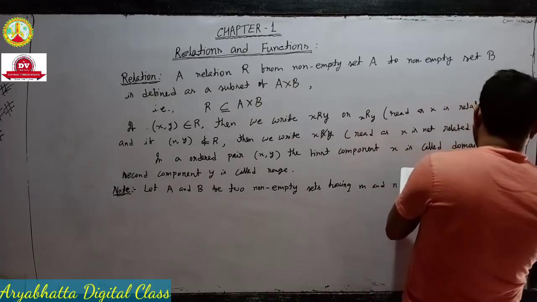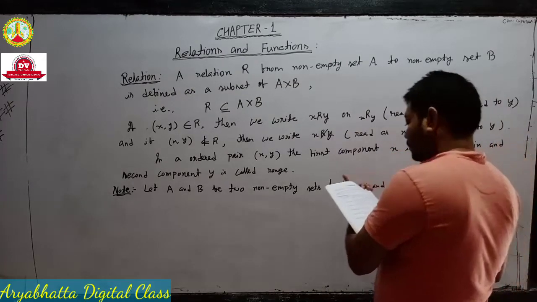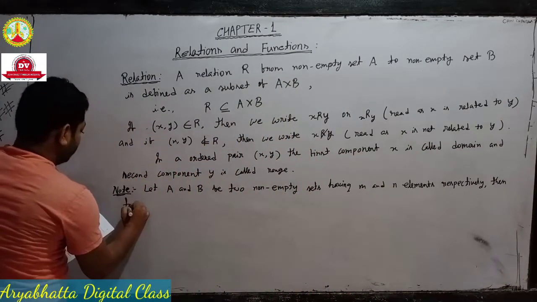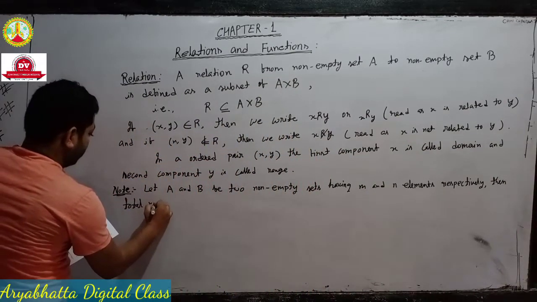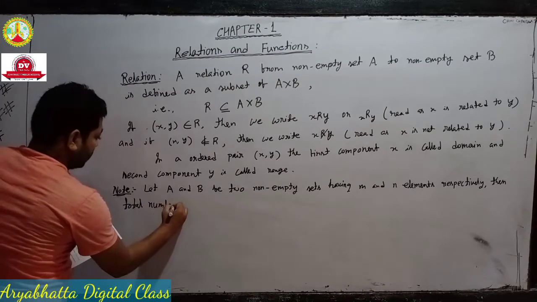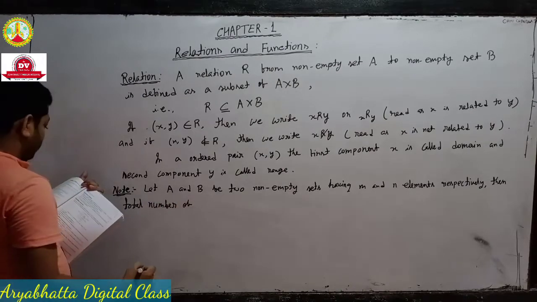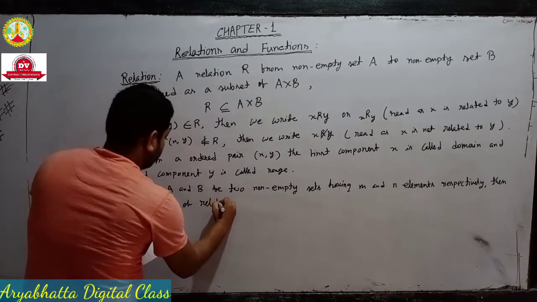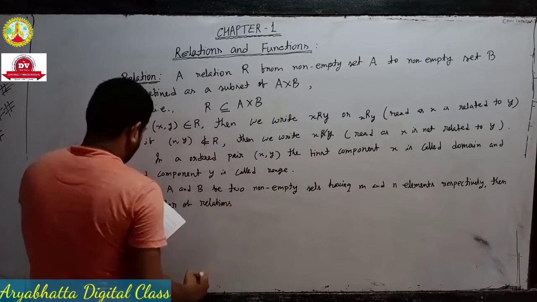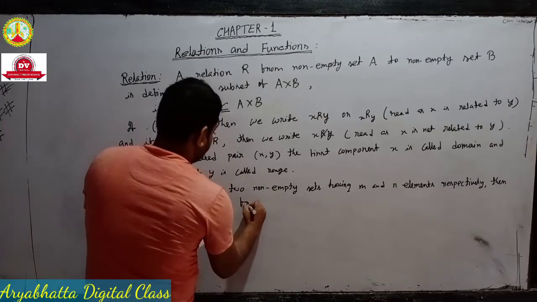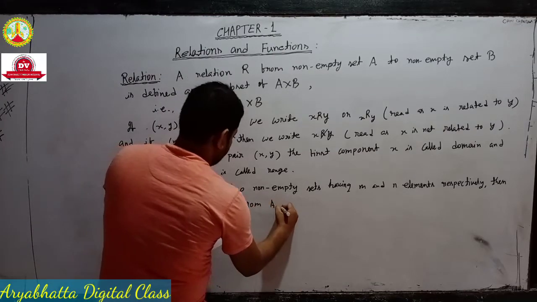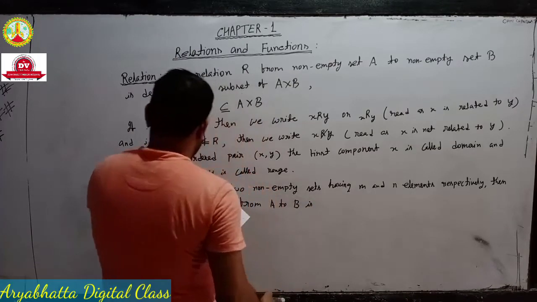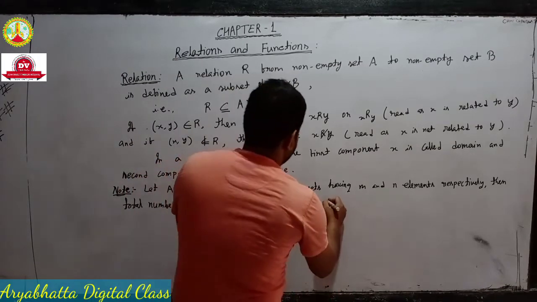Then the total number of relations from A to B is 2 to the power mn.